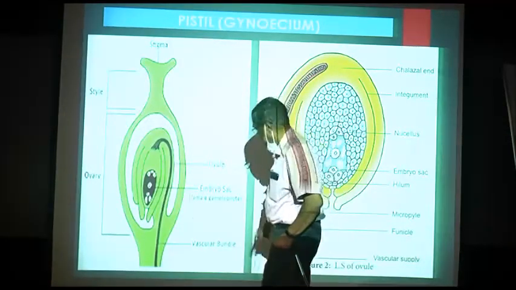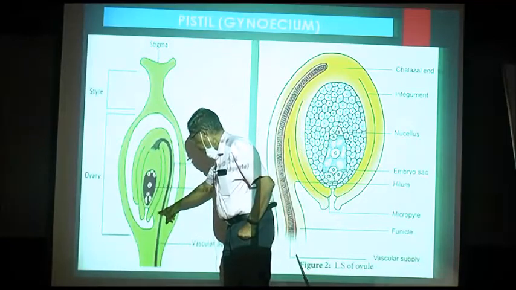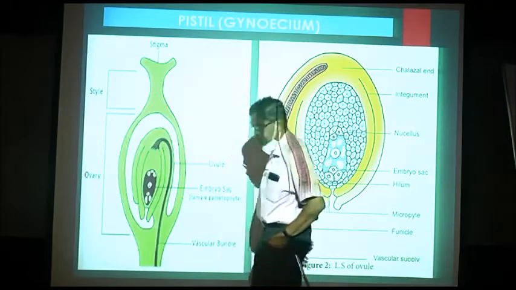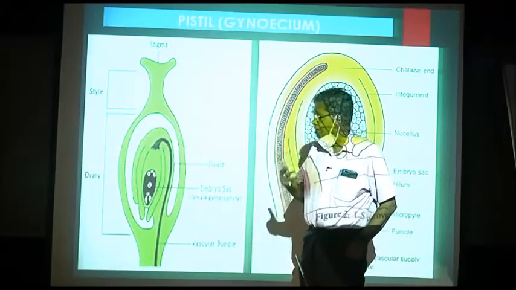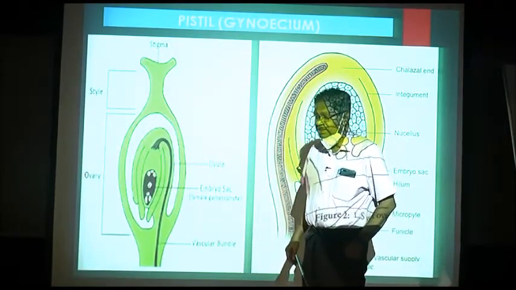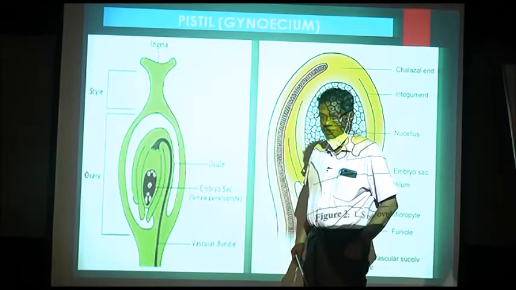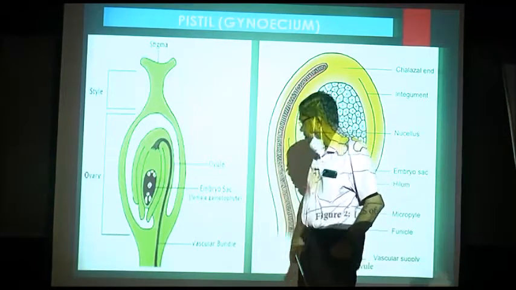Placenta is the structure to which the ovule is attached. Ovule is the structure which later develops into seed. Ovules develop into seed.